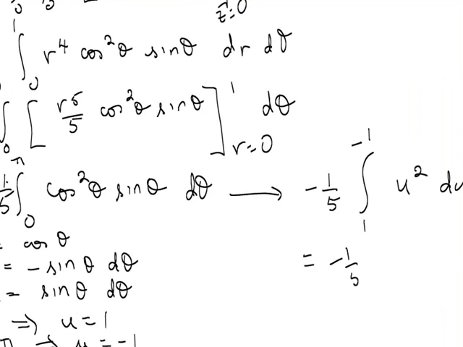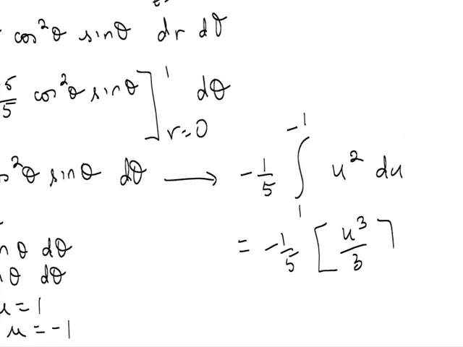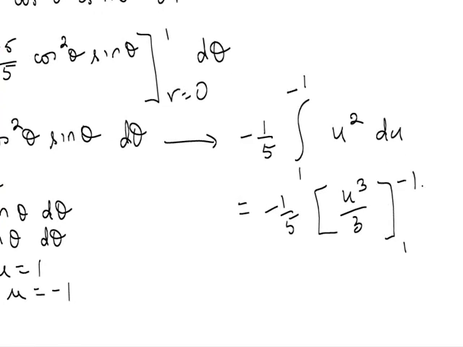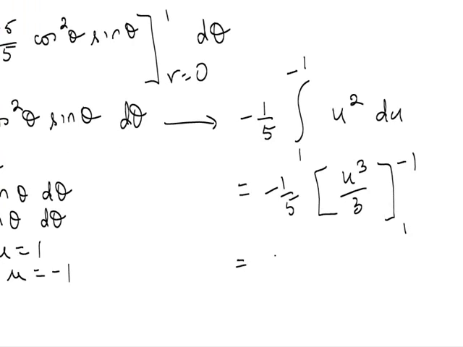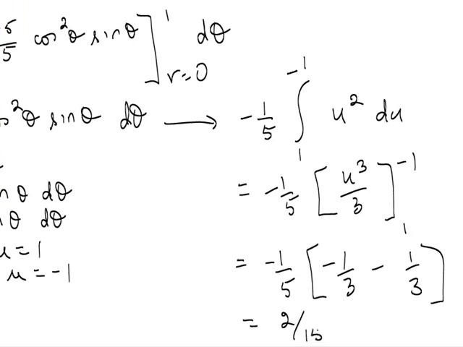Integrate: minus 1/5 times u cubed over 3 from 1 to minus 1, which is minus 1/5 times, put minus 1, you get negative 1/3, minus, put 1, 1/3, which ends up being 2 over 15.